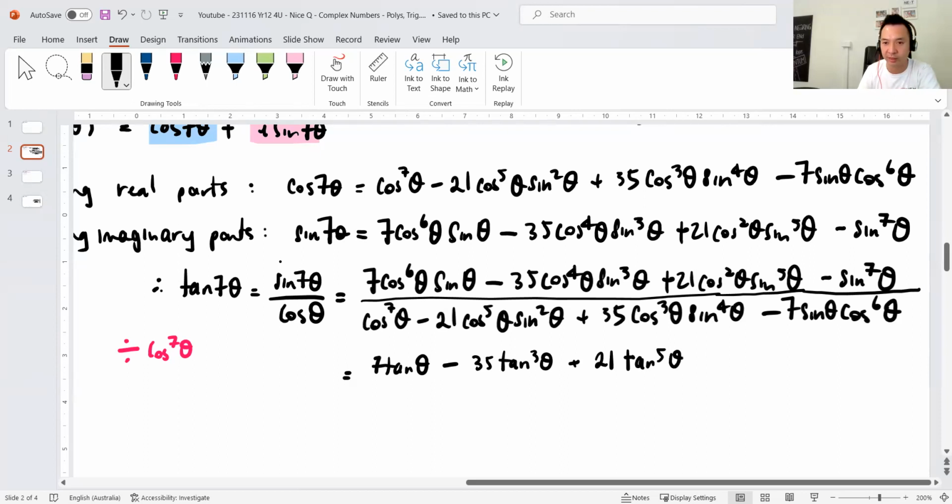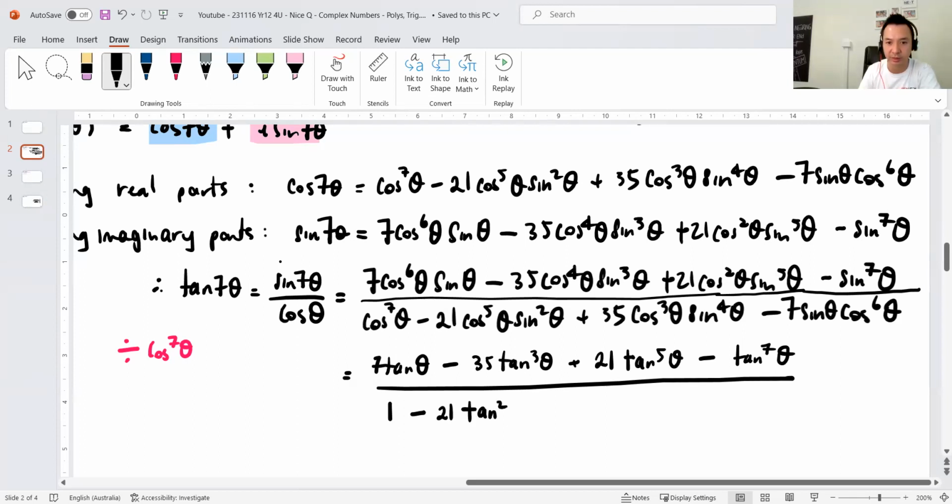And then sine 7 on cos 7, that's tan 7. Cos, that's 1. Leaves 21 tan squared plus cos 3 divided by cos 7 cos 4, sine 4 on cos 4 is tan 4. And lastly, cos 6 divided by cos.